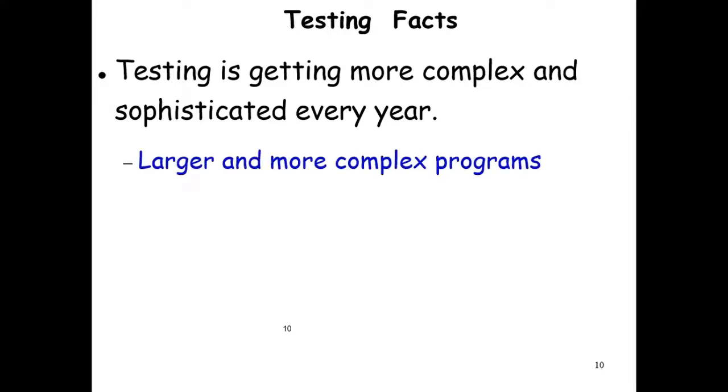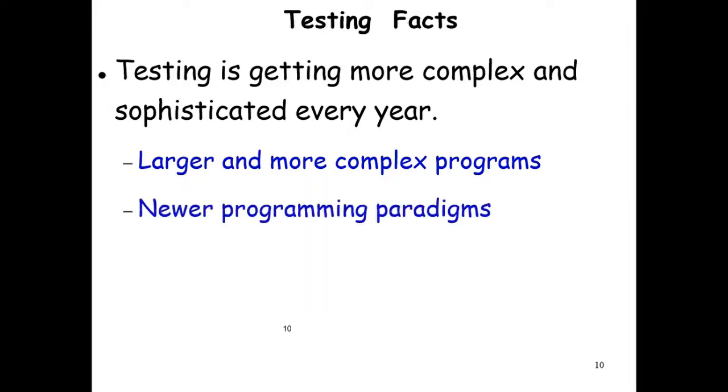Larger and more complex programs are there, and newer programming paradigms are there, and then we also need to adopt testing automation. We have testing tools like Selenium, JMeter, and other testing tools which require more skill and effort than the manual tester.